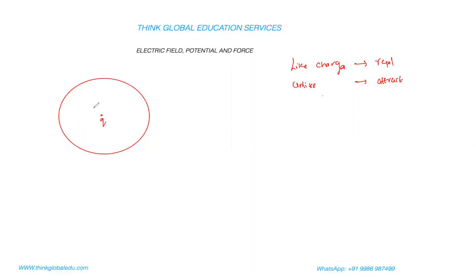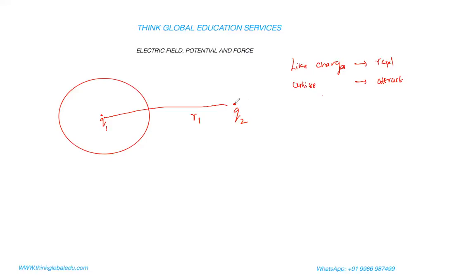This is the charge which is kept, and I'm going to draw a circle around it, and I have another charge with me here. When I keep this charge at a distance, let us say R1, away from the first charge, it does not feel any force due to the charge Q. Let's name the charges Q1 and Q2. So Q2 does not feel any force due to Q1.